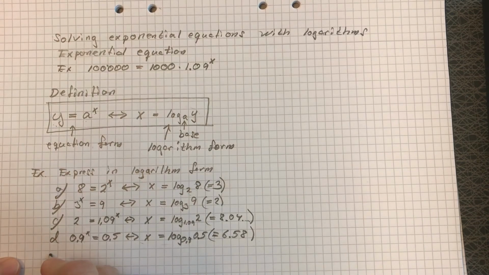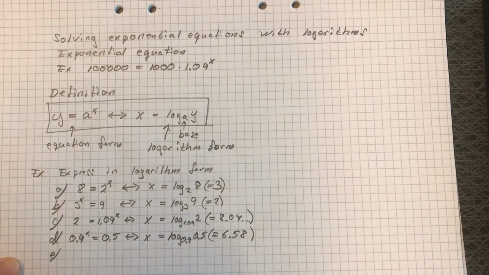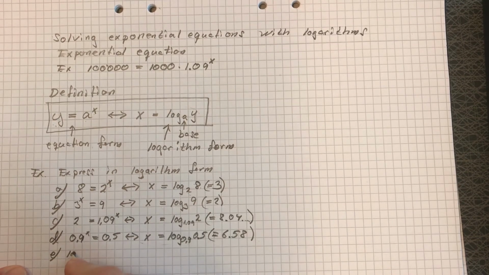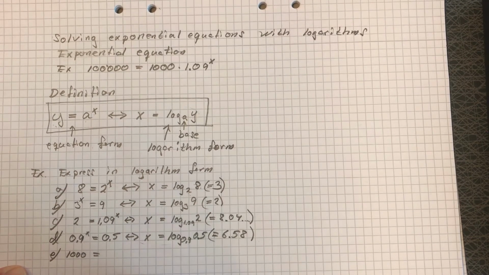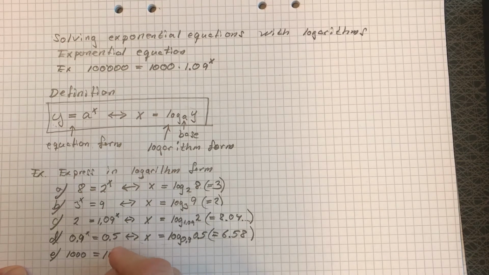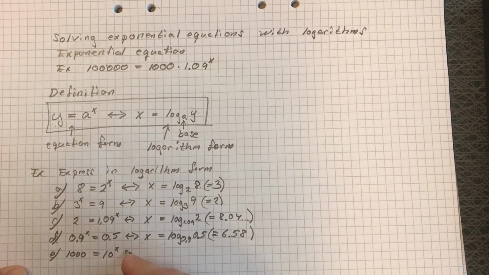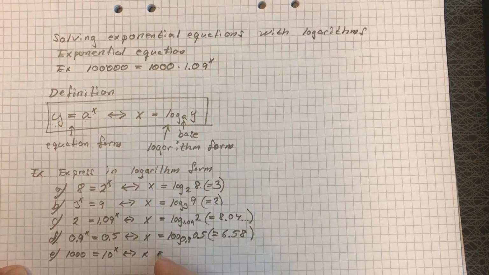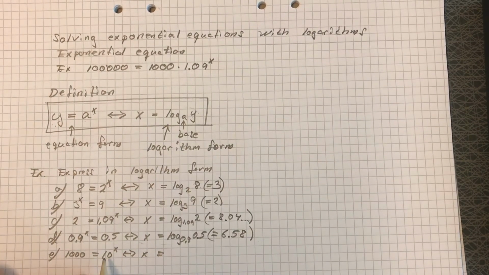I will show you just one last example. You are getting this now, but if we have 1,000 and that's equal to 10 to the power of x, and you want to write it in the logarithm form, you know how to do it now, but it's special when you have the base 10.